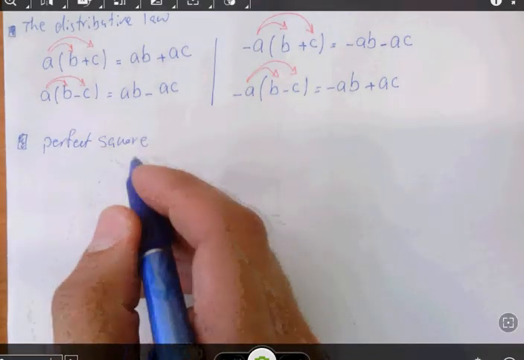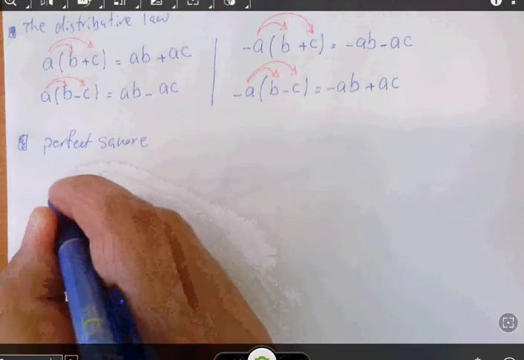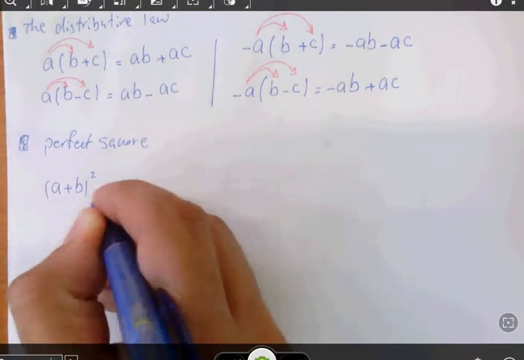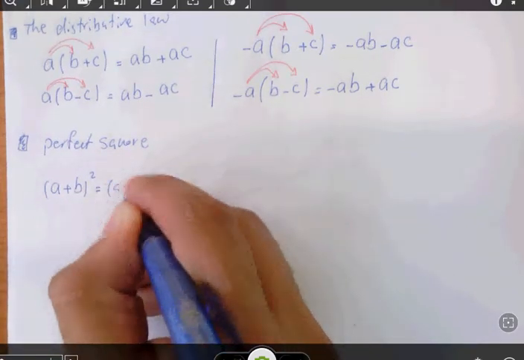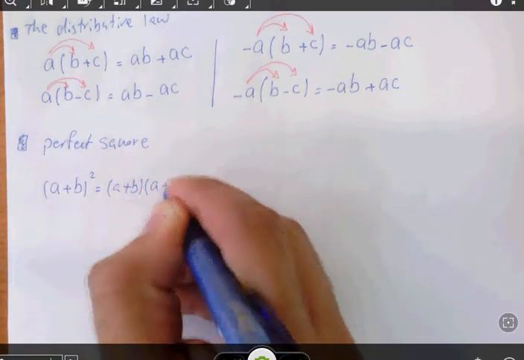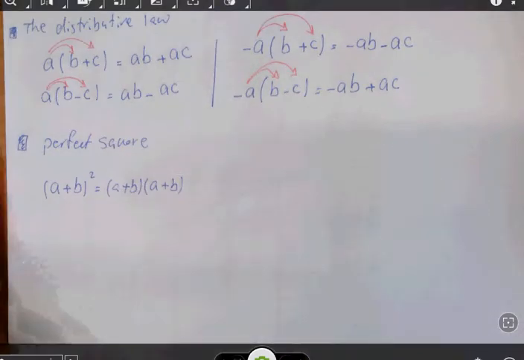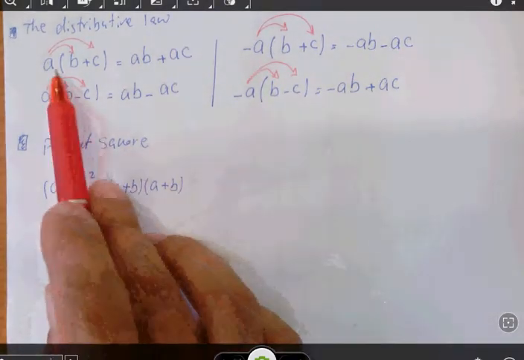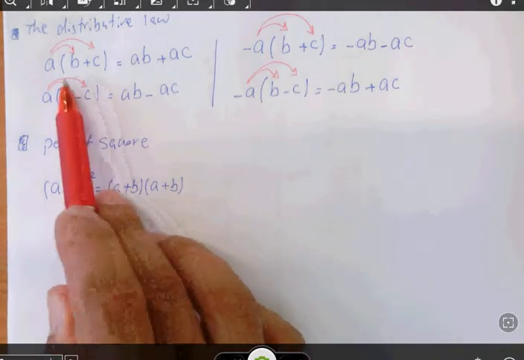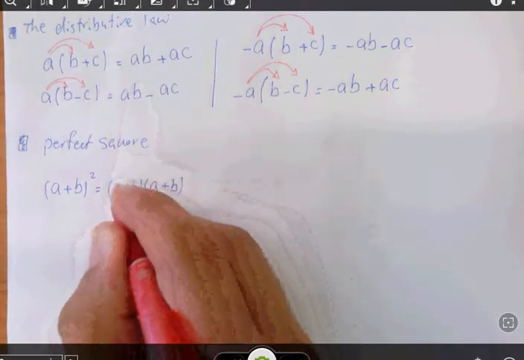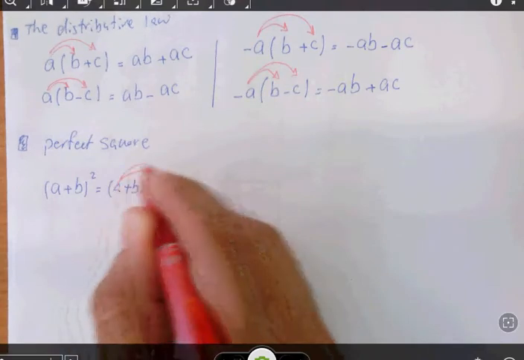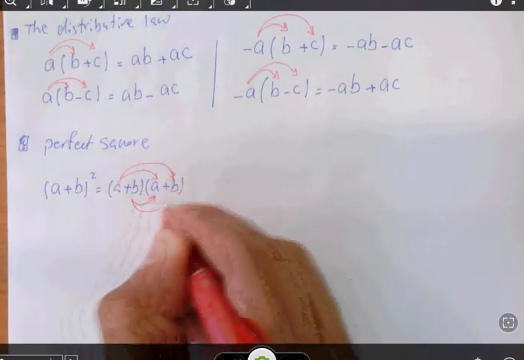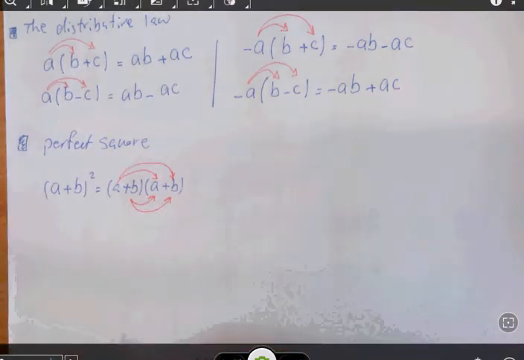But the perfect square situation is when you say, for example, if I got A plus B squared, what this means is actually A plus B times itself, right? A plus B. And now look, what I have here is the same model, except that I got one extra polynomial to work with. Therefore, I'm just going to take this inside that bracket one at a time.